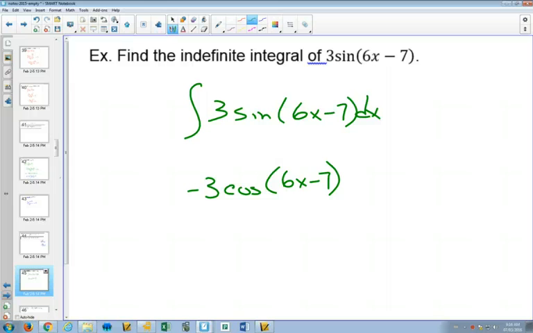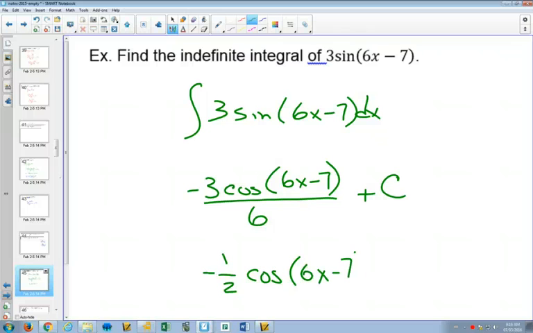And since this would be a chain rule and you'd be multiplying by 6, you'd divide by 6. Simplifying this would give you negative 1/2 cos 6x minus 7 plus c.